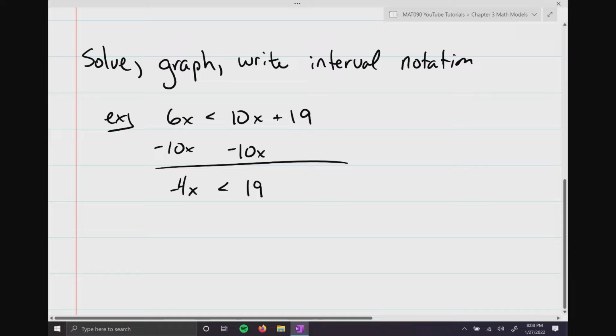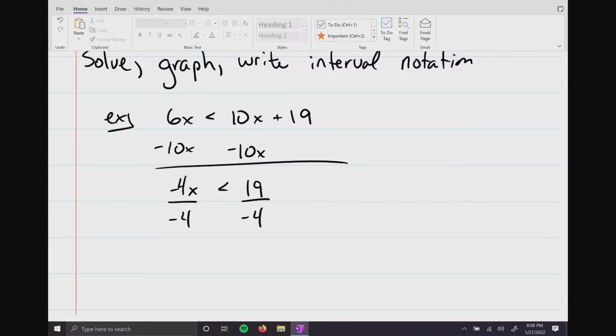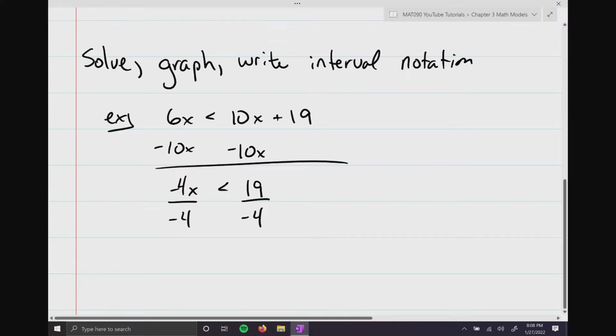Now from here, I need to be extremely careful because my next step is going to be to divide both sides by the number in front of the variable. And notice I'm dividing by negative 4. So let me get out my red pen because I'm going to put a star and say we are dividing by a negative number.